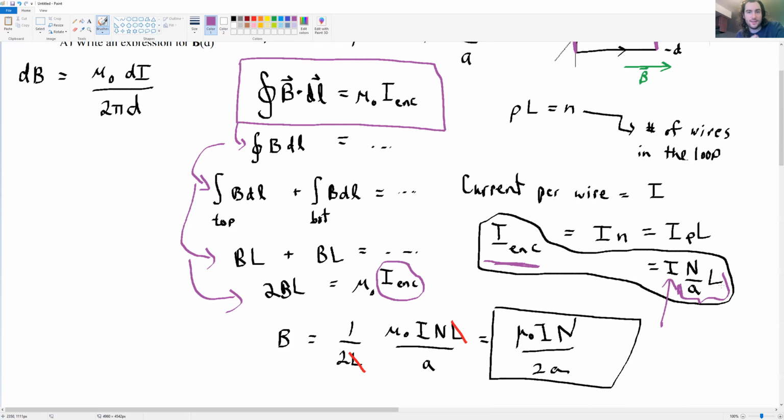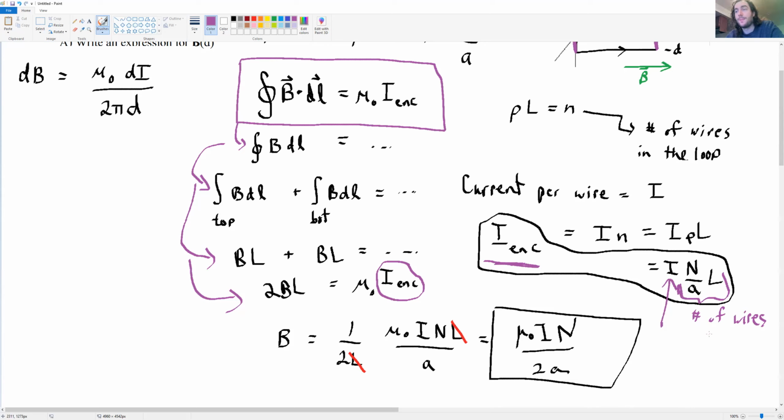Density times the length is going to give you the total number of wires. So this was the number of wires here. So you can just plug that in, that expression INL over A, for I enclosed.